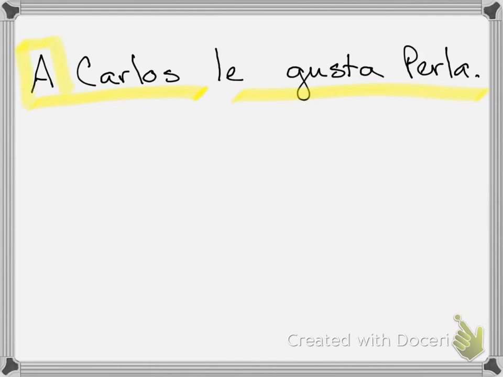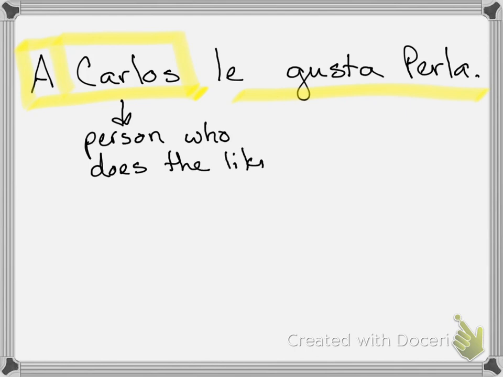So this means to, and I put it in front of the person who is doing the liking, okay? The person who is doing the liking. Okay, and this is represented by the le. But if I want to be specific, then I'm going to put this phrase in front. A Carlos le gusta Perla.